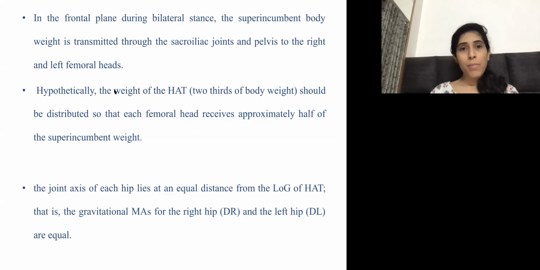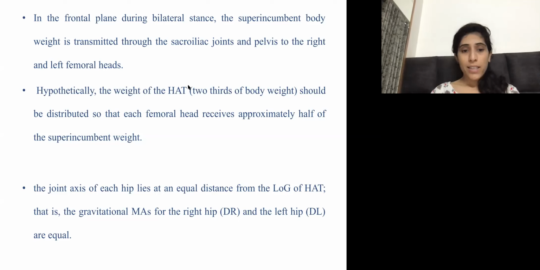In the frontal plane, in the bilateral stance, the body weight is transmitted through the sacroiliac joint and the pelvis to the right and left femoral heads. Hypothetically, as I said, the weight of the head, arm, and trunk, that is two-thirds of the body weight, should be distributed so that each femoral head receives approximately half of the two-thirds of the body weight.